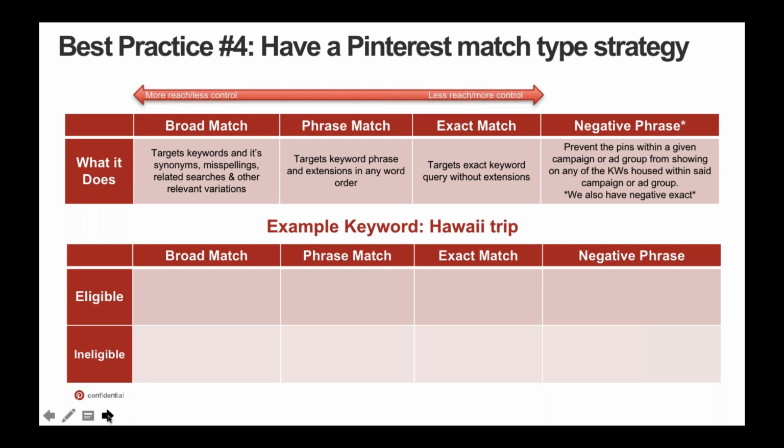Typically, you want to start off with broad match so you can initially get a lot of reach, get a higher volume of traffic, and get some solid learnings on your creatives to make sure that your initial starting point is sound.